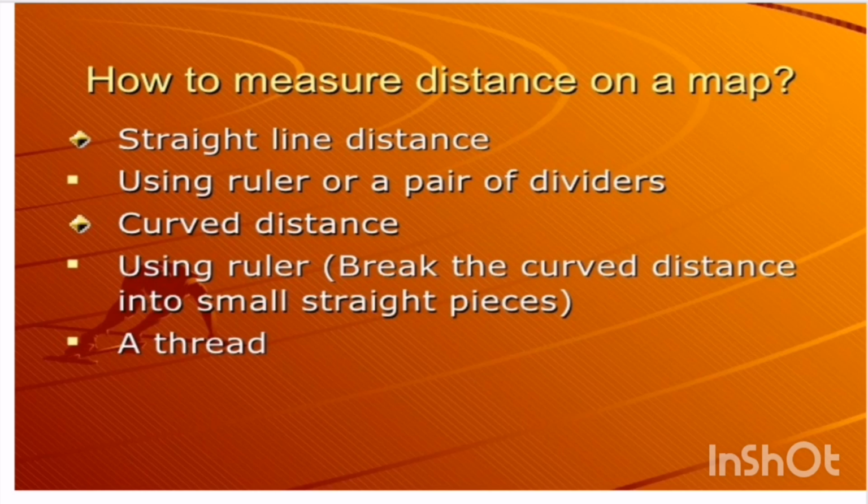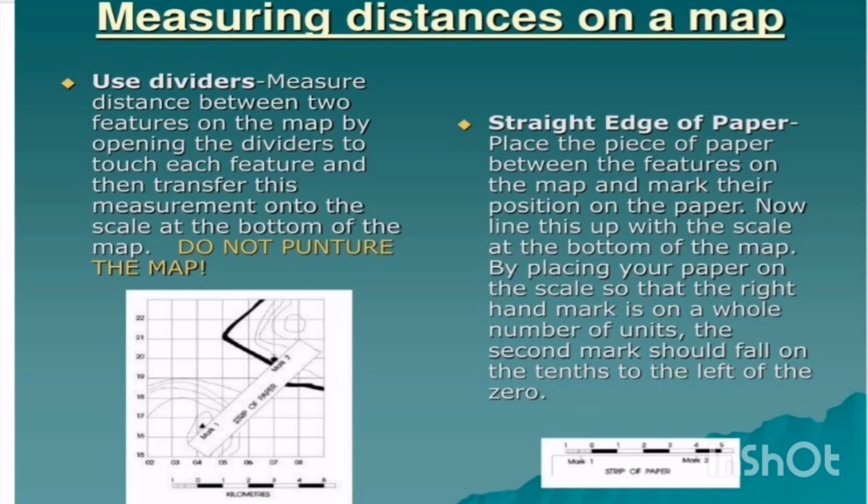Yes, and these distances can be a straight line distance or a curved distance, any type of distance. So let's know how to measure a straight line. This straight line can be measured directly either by using the scale or with the help of a divider.